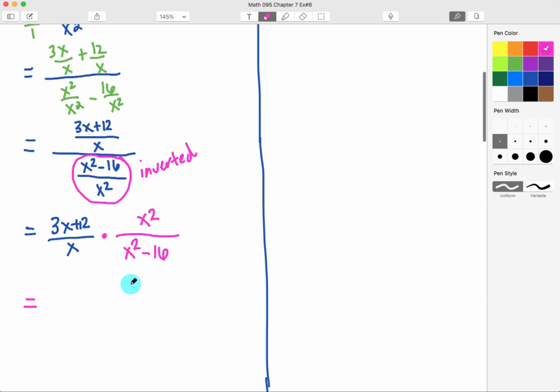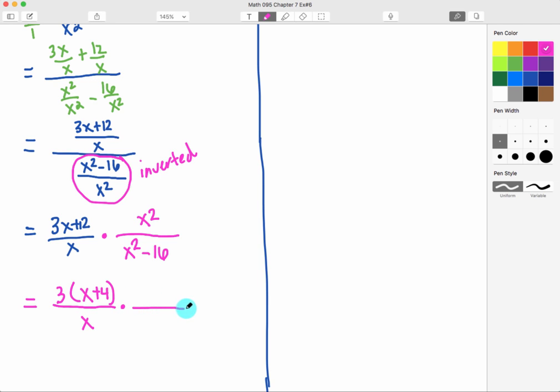And when we learned about multiplication, the first thing we want to do is to factor. And then we'll see if anything cancels. So I'm going to factor the numerator, so 3, and then what's left over is x plus 4. So 3 times x is 3x, 3 times 4 is 12, that's good, x stays there.